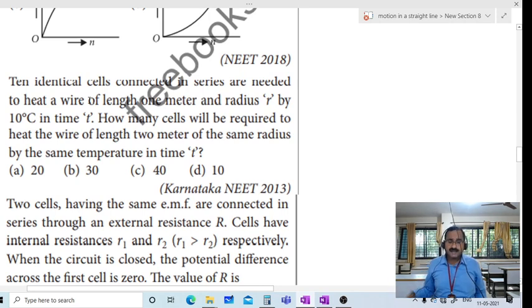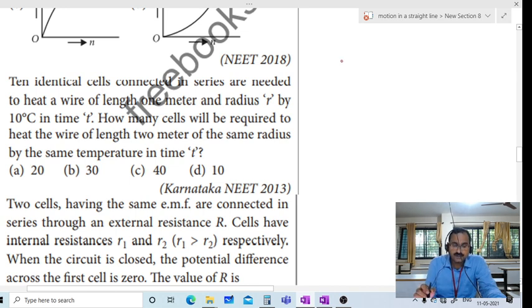Next. 10 identical cells connected in series are needed to heat a wire of length 1 meter and radius r by 10 degrees Celsius in a time t. We have to observe that temperature, time, radius and length are all required. Already you know Joule's law of heating.